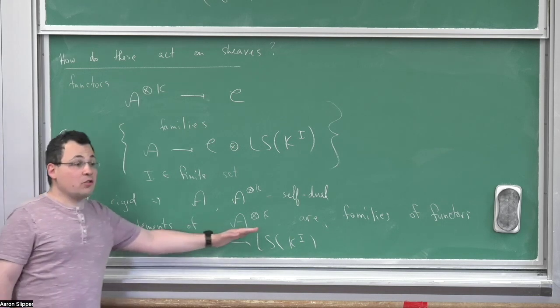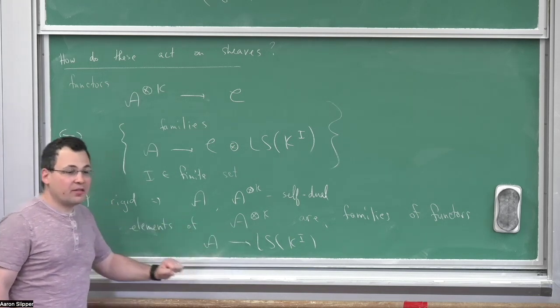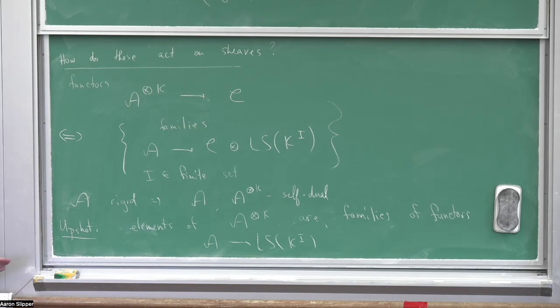That's like an object of the dual category, and because it's self-dual, via the self-duality, that gives you an element of A.